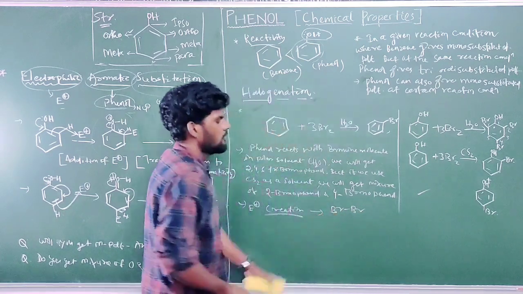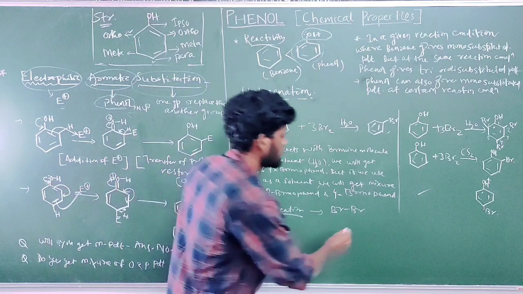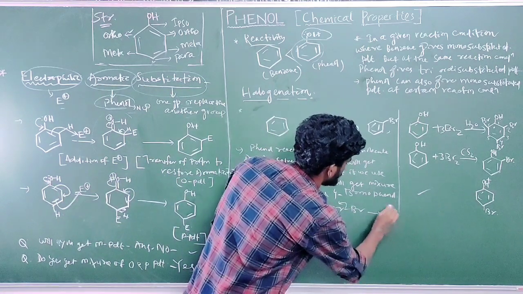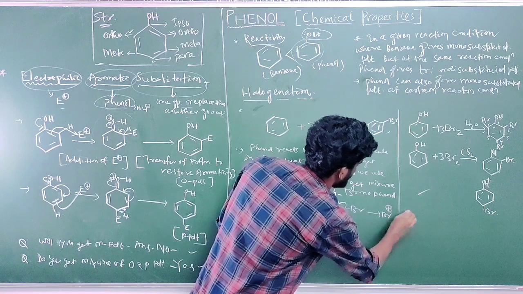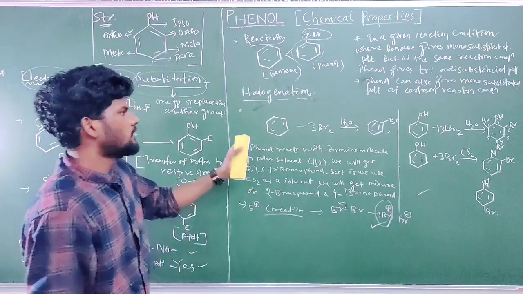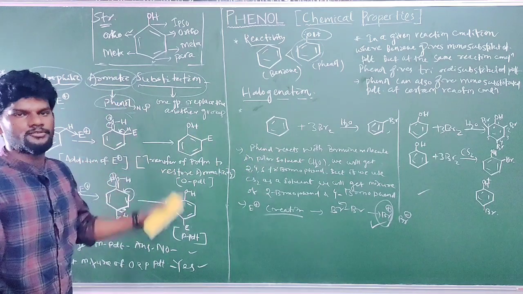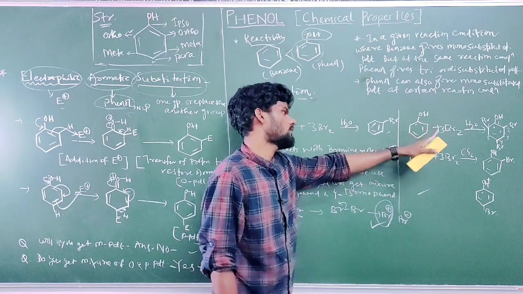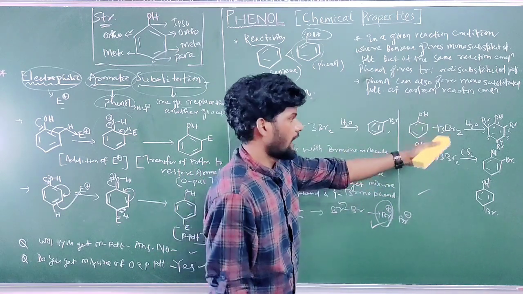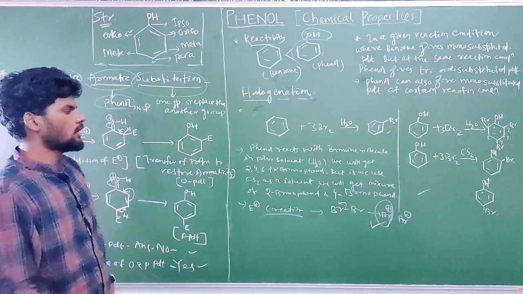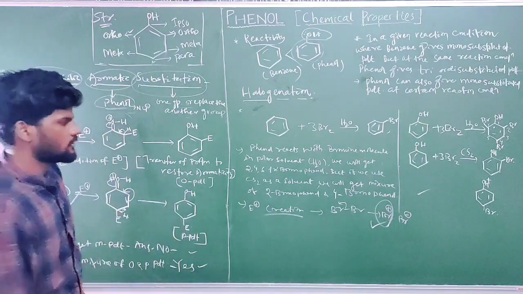In the solution Br2 will break to Br plus and Br minus, and this Br plus is the electrophile in the electrophilic aromatic substitution reaction. This Br plus will be attacked by the phenol ring to produce the tri-substituted product or a mixture of ortho and para product. So the electrophile creation step is important.